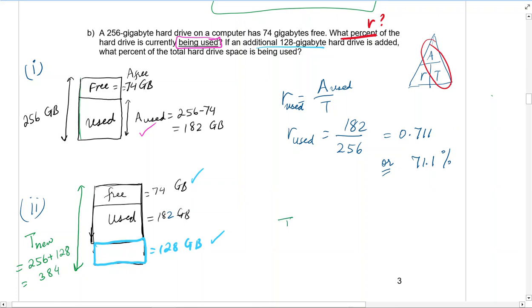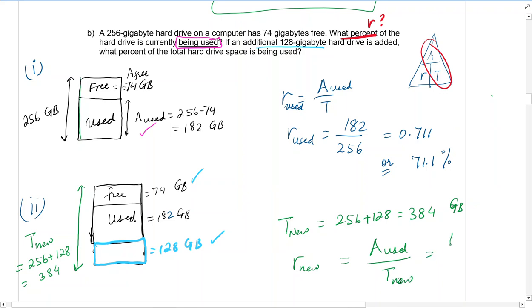So now the new total is 384 gigabytes, and we still want to figure out the rate of new used. So the new rate of being used is the amount of hard drive that is being used, amount used over the new total.